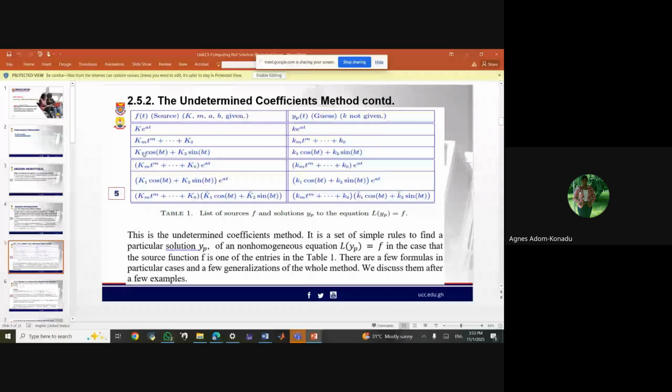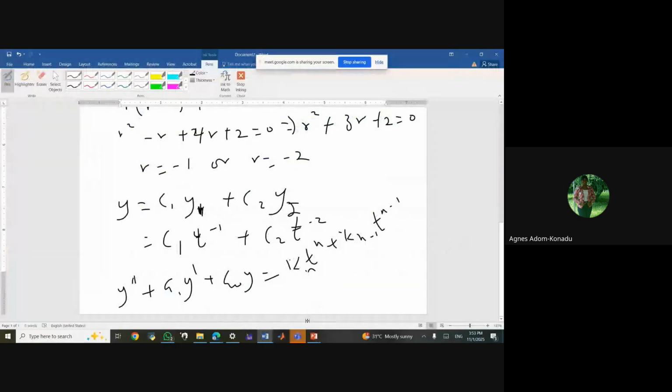Now, if it is a trig function, maybe k cos t, maybe plus sine t, or only cos, or only sine, then if it's a combination of the two or one of them, your guess will be k1 cos bt plus k2 sine bt.